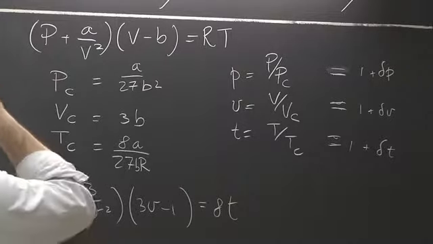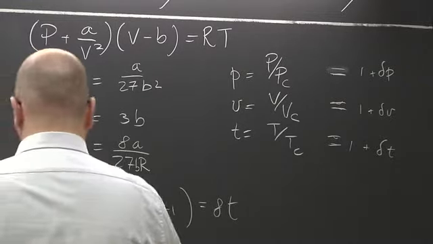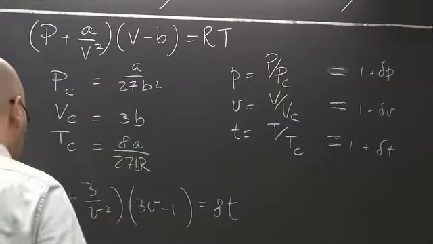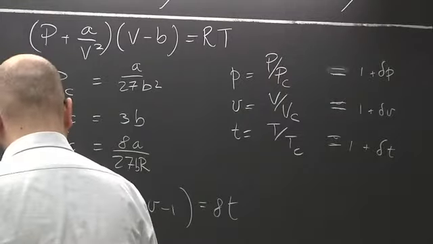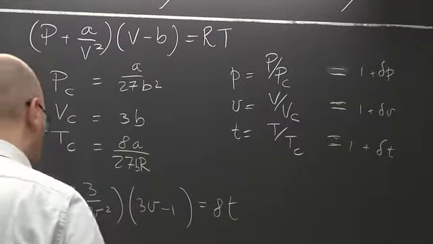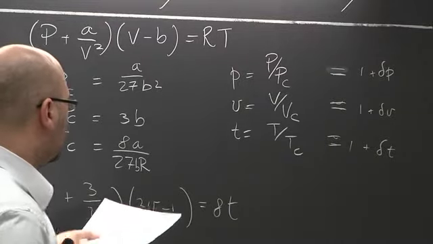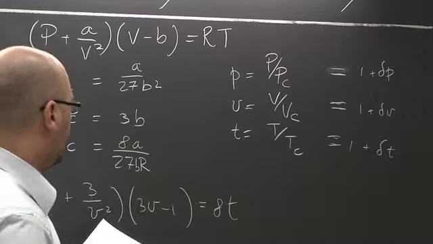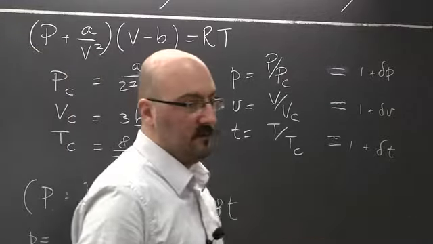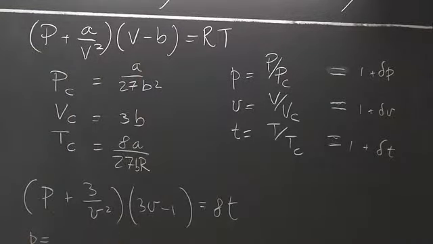So if I solve this equation for P, this equation for P contains 1 over V squared. Instead of V, I write 1 plus delta V, and I expand everything up to and including third order in dV.